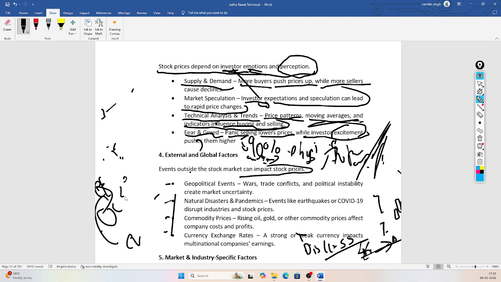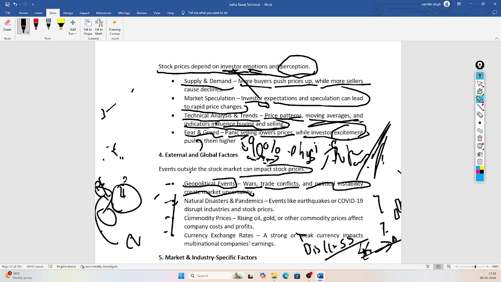There are 4 points, like geopolitical events: wars, as I told you, trade conflicts, and political instabilities that create market uncertainty.